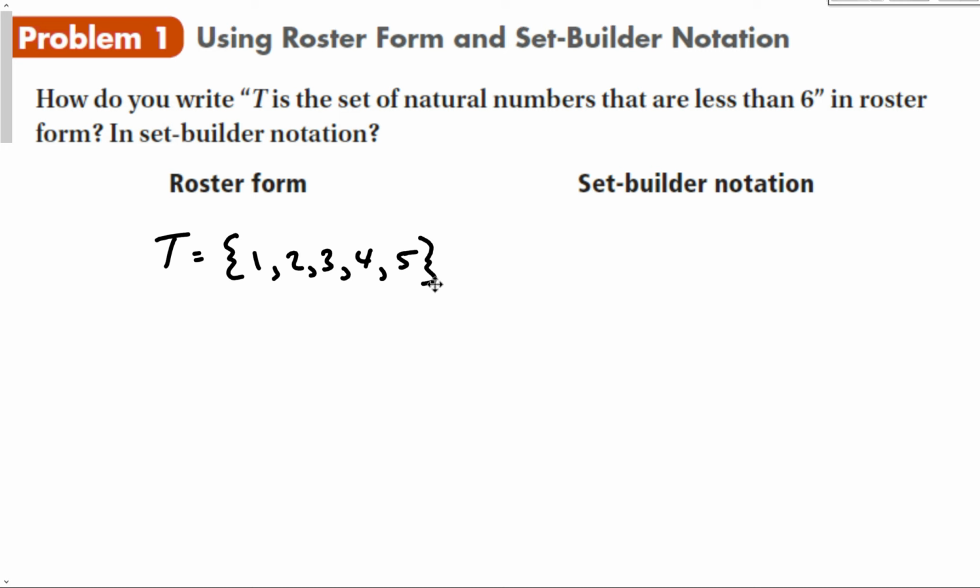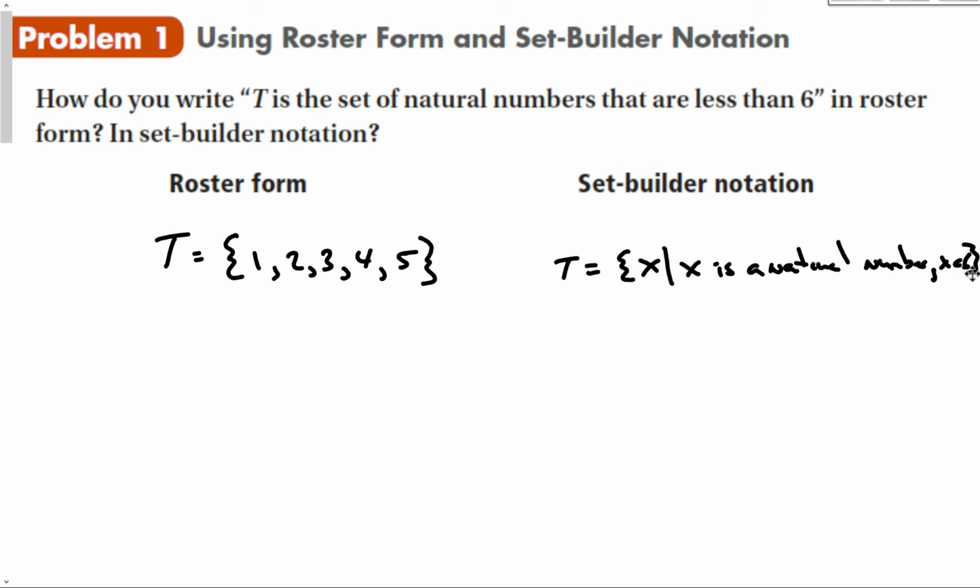For set builder notation, we're going to say T equals, my variable x, such that, what is happening to the variable? So x is a natural number, comma, x less than 6.